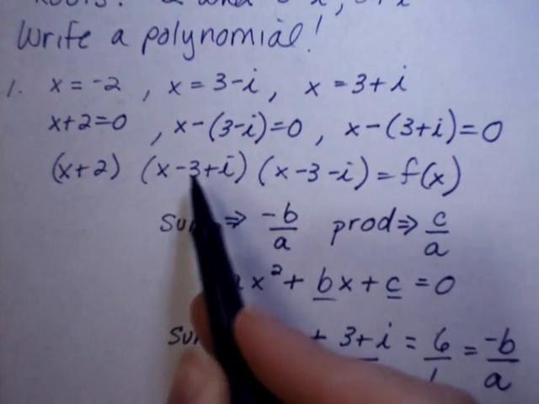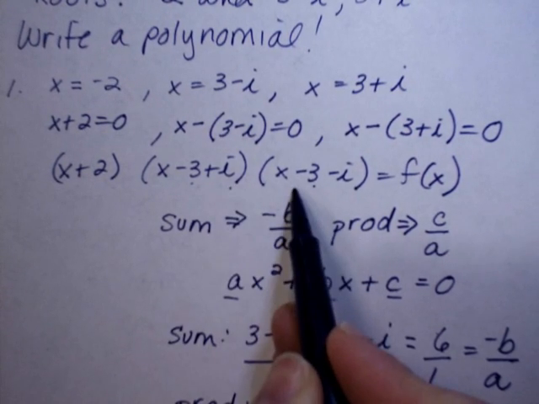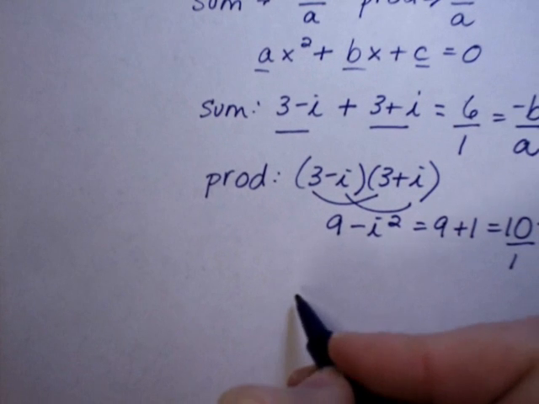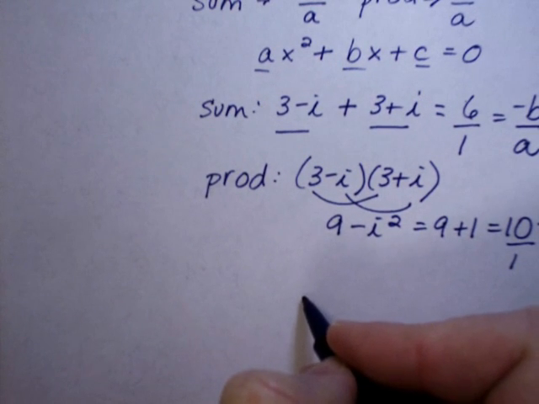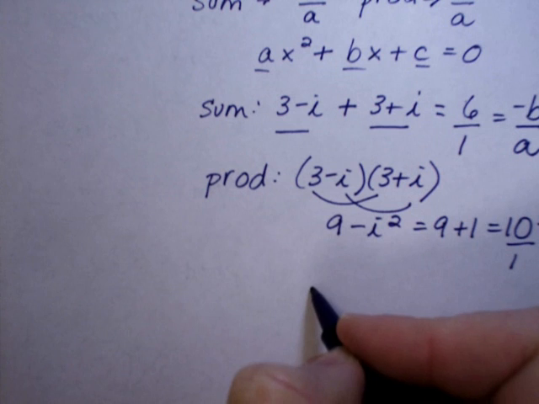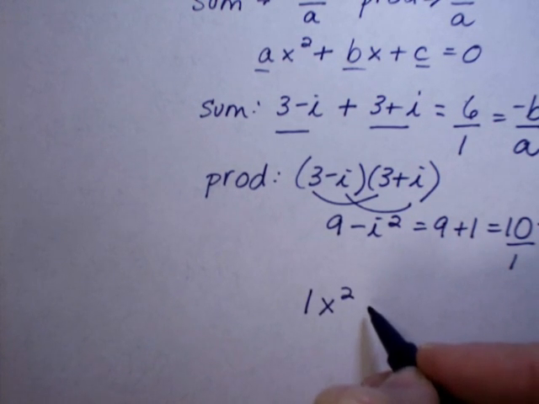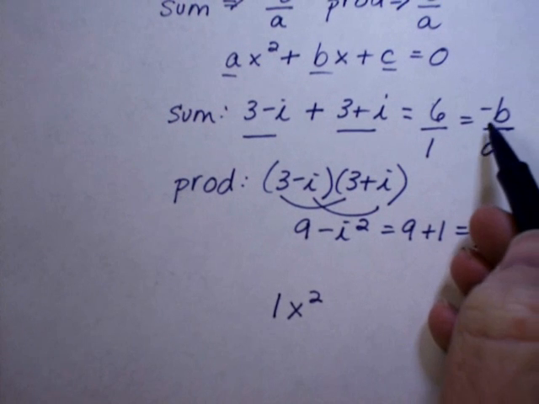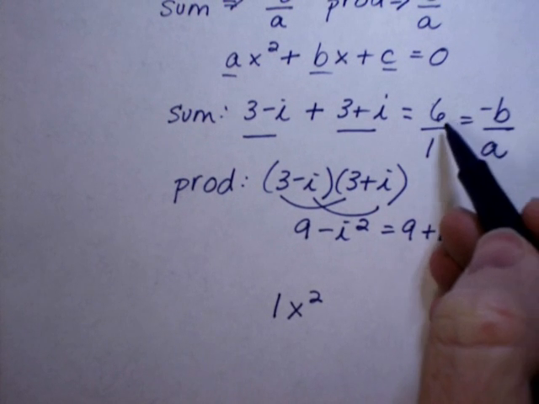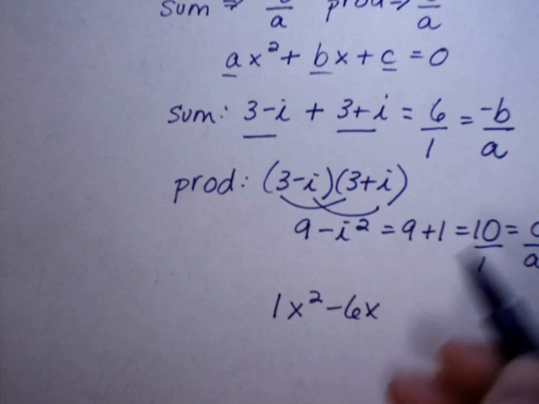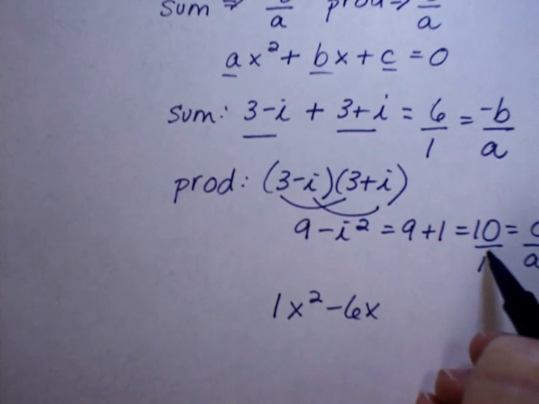So multiplying these two together is going to give me ax squared, in this case a is 1, plus bx, my b in this case, negative b was 6, so positive b will be negative 6, plus c, and c we can see right here is 10.